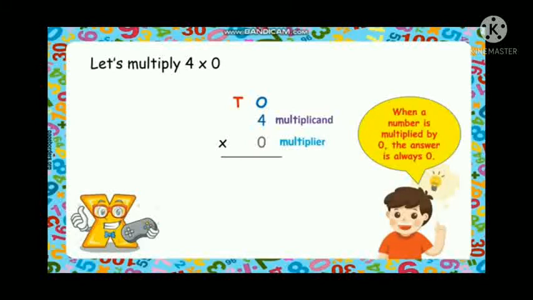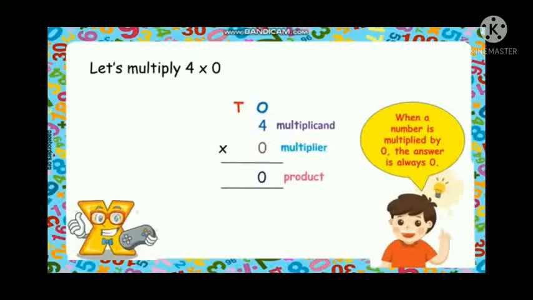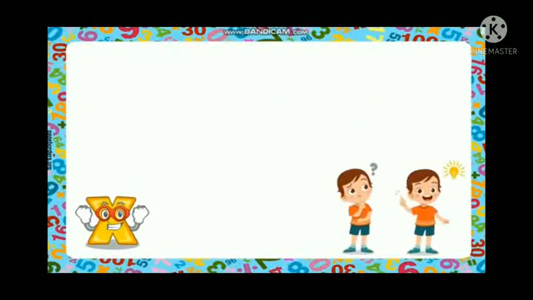What is the property? When a number is multiplied by 0, the answer is always 0. So that is why the answer is 0. Using the property we have solved this example.